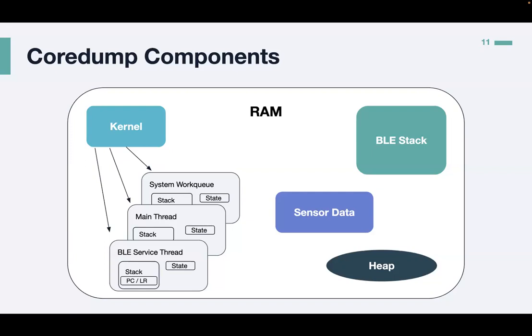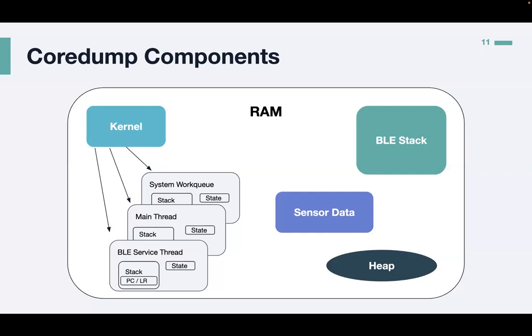The most important thing for us to collect when we hit a fault is the current call stack of the context where the fault occurred, whether that is a thread in your system, an interrupt handler that happens to use a separate stack, or, if you're running a bare metal application, just the current stack that you have for your application. That is what gives us the ability to unwind and create a backtrace in the Coredump.